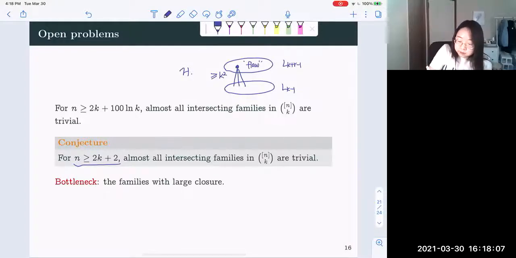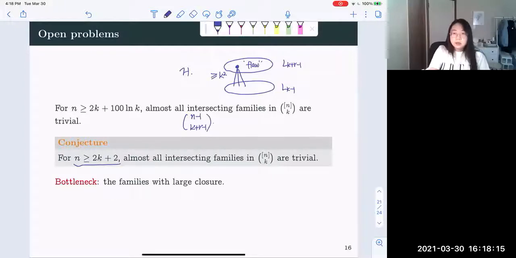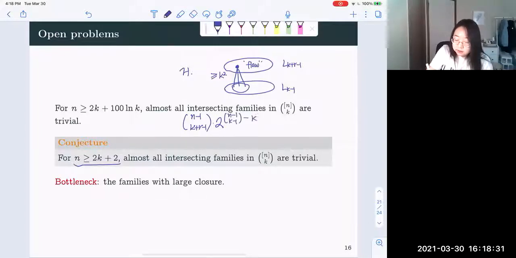We first pick the choices of this flaw, which is m minus 1 choose k plus r minus 1, just the number of vertices on the top. And then the independent set, or the intersecting family, will be on the other side. We can only choose from the non-neighbors, which is minus k squared.